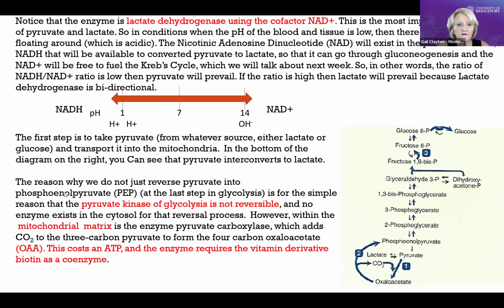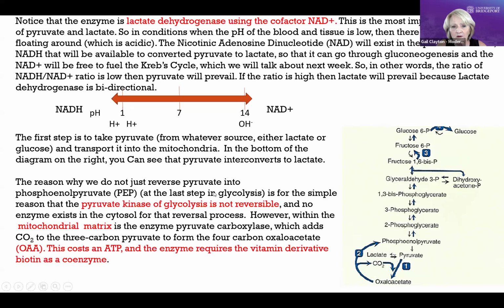Okay, now the first step is to take pyruvate from whatever source, either lactate or glucose, and transport it into the mitochondria. At the bottom of the diagram on the right, you can see that pyruvate interconverts to lactate. You can see the bidirectional arrows over here.